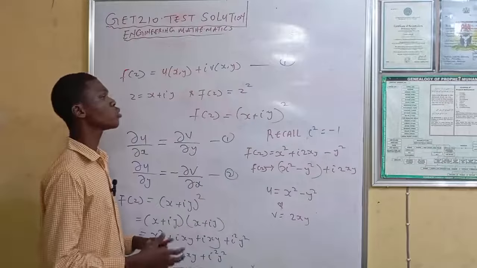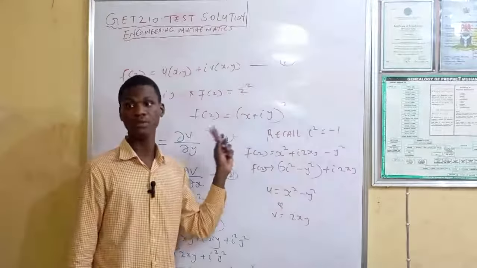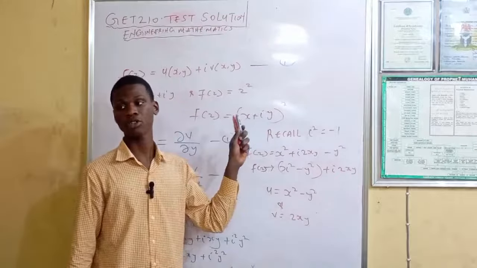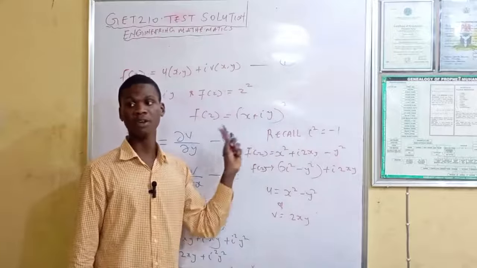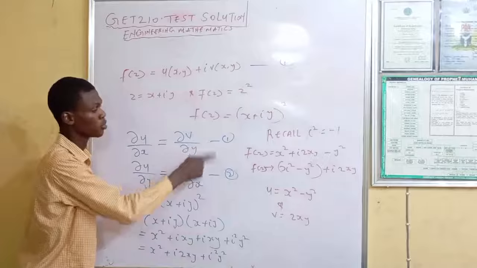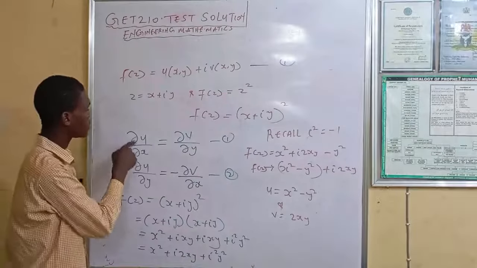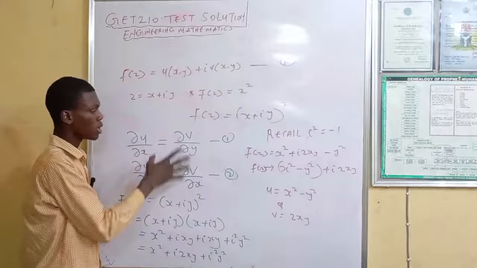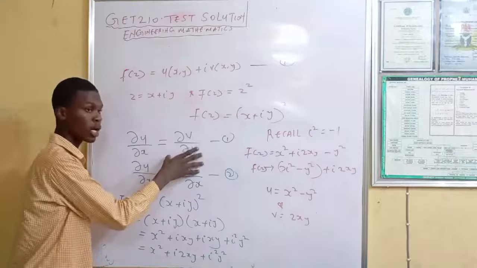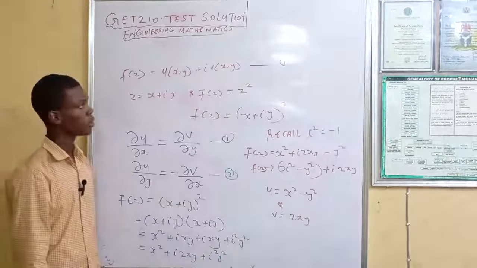But the question wants to know if this function satisfies or verifies Cauchy-Riemann's equation. And before it can verify Cauchy-Riemann's equation, these two conditions must be satisfied or must be met, right? Now, since I know that I need the derivative of u with respect to x, the derivative of u with respect to y, and similarly for v, we can estimate them here, right?